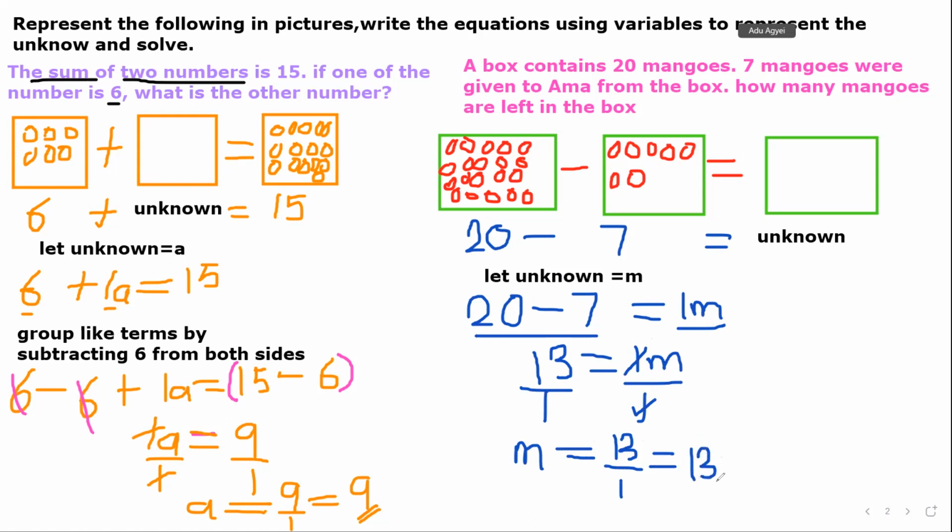Okay, good. That is 13, which means that the mangoes left in the box is 13. When you took 7 from 20, the remaining mangoes that are left is 13. Good.